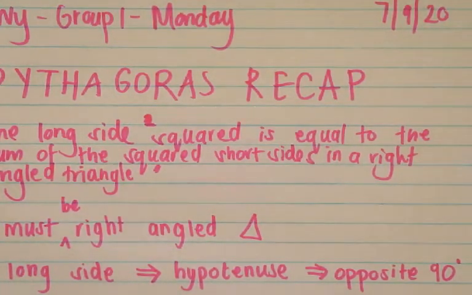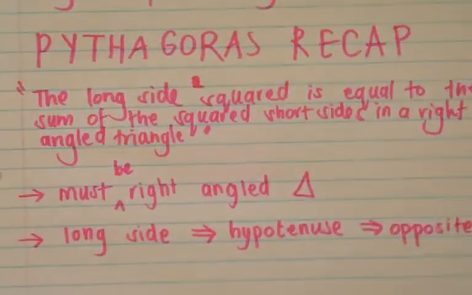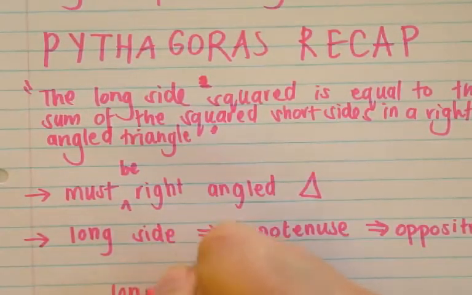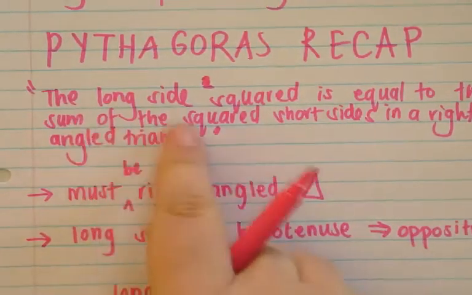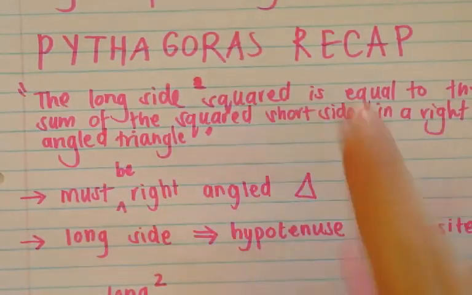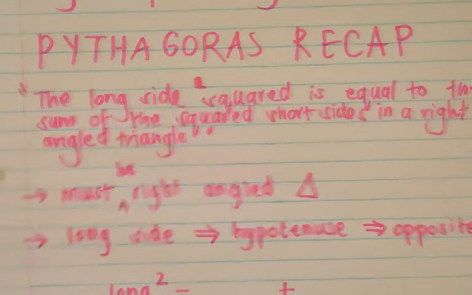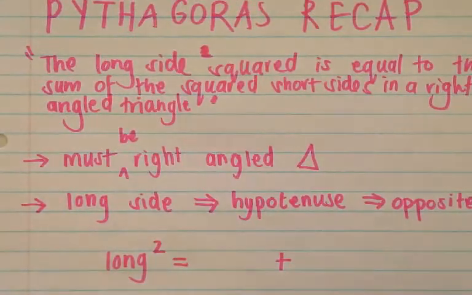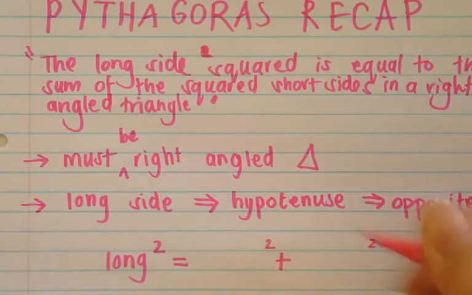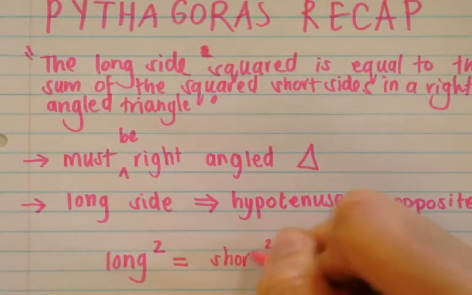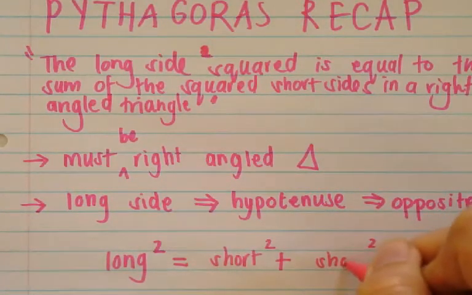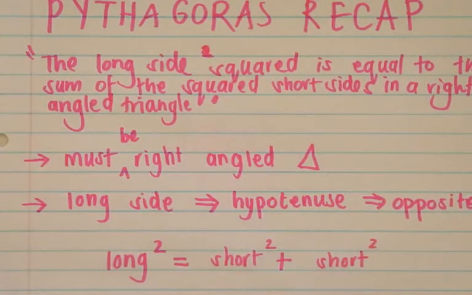Okay, let's have a look at that formula. So the formula is always my long side squared. That's what it says. So long side squared is equal to the sum. So I'm going to be adding things. Squared short sides. So there will always be two shorter sides. We're just going to square them and add them together.